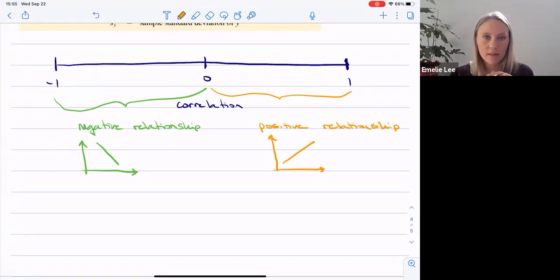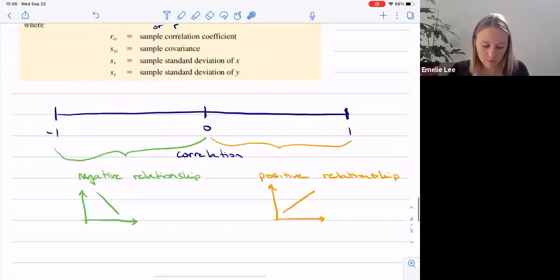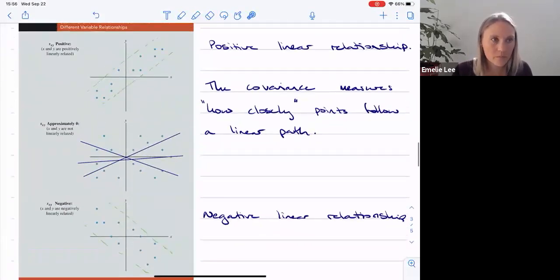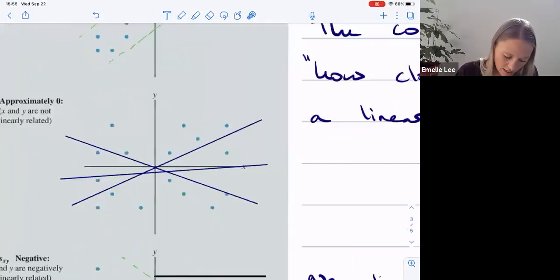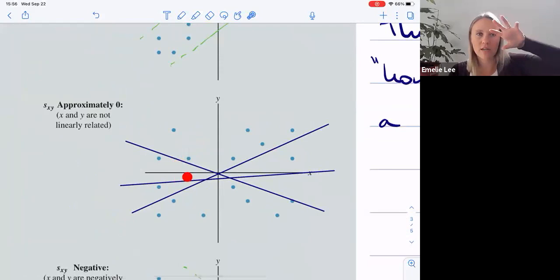Now the strength is going to move from 0. So let's say I'm talking about a positive relationship. What's going to happen is that a correlation of 0 comes from a covariance of 0, which we saw, because 0 divided by anything is going to be 0, right? And so if the covariance is 0, then we have this kind of cloud.